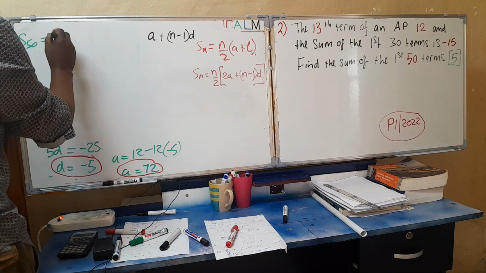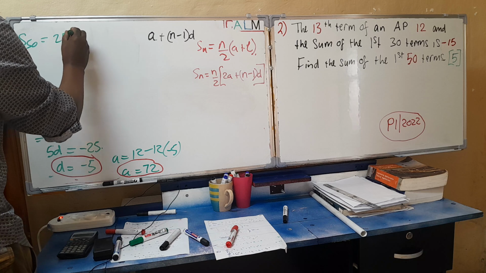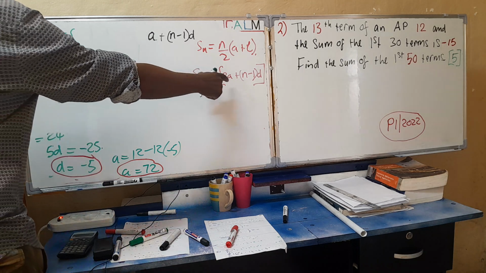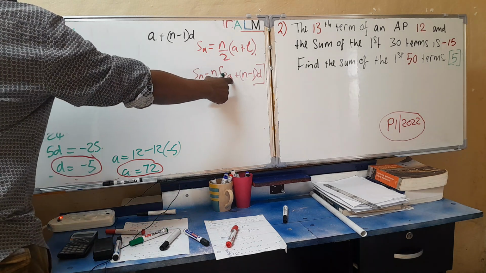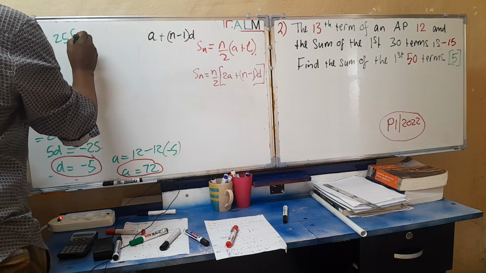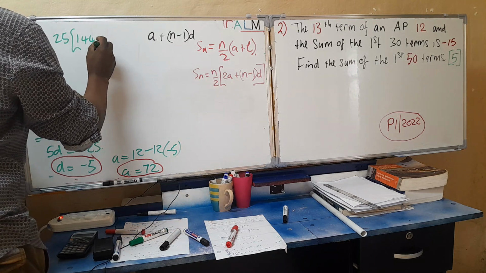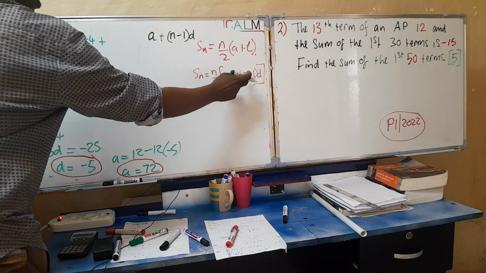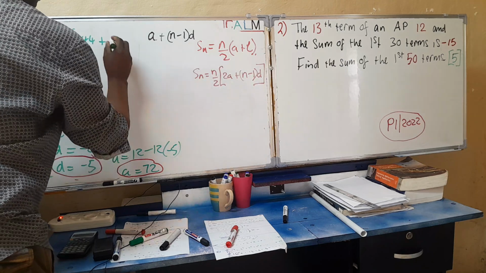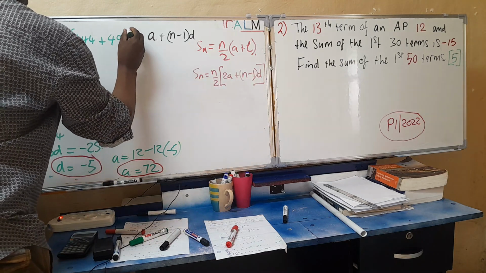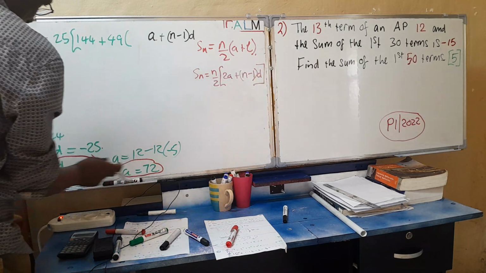50 divided by 2 is 25. Big bracket, a is equal to 72 times 2 is 144. Plus, n is 50. 50 minus 1 is 49. d is equal to minus 5.